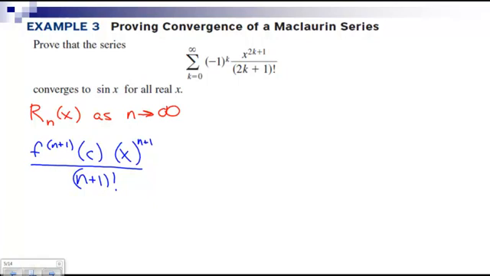Isn't that what we said in the previous slide? There's some value c between a, in this case 0, and x, which is anywhere. That's the last derivative, the next term after our truncation.